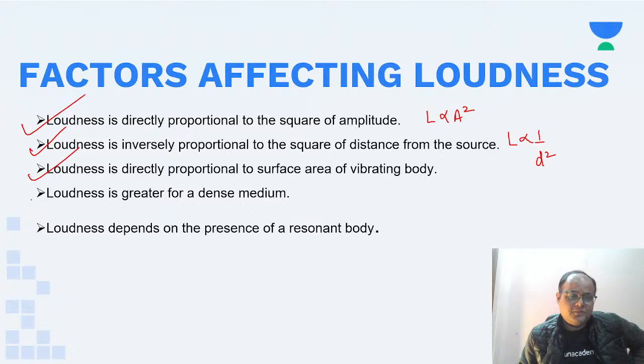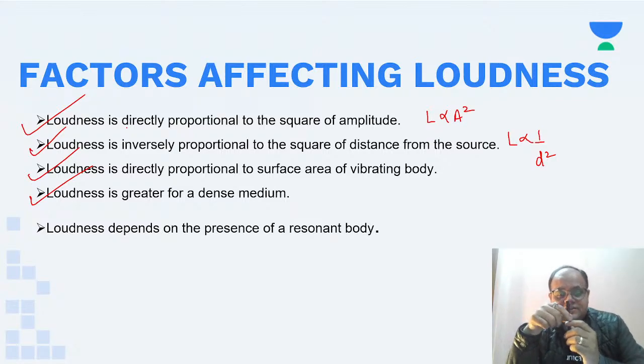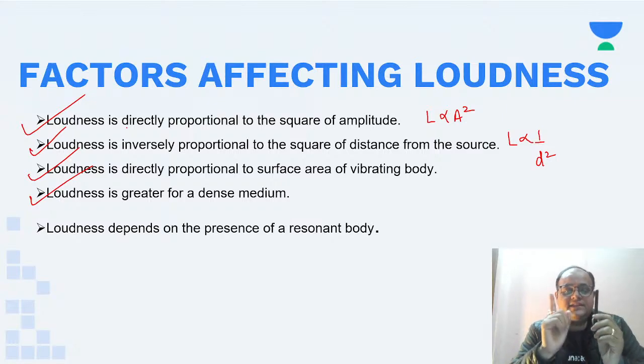Loudness is greater for dense mediums. Why? Because in dense mediums the particles are tightly bound, very closely attached to each other, and these disturbances travel quite rapidly. Let me consider a disturbance produced here and the other molecule is here.